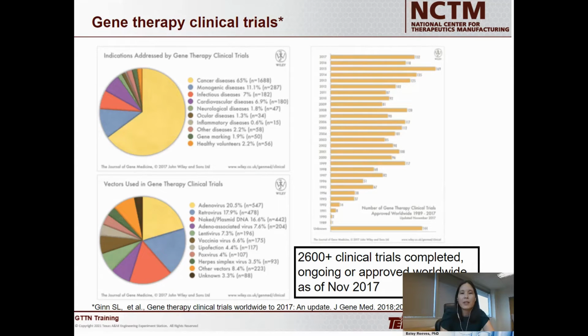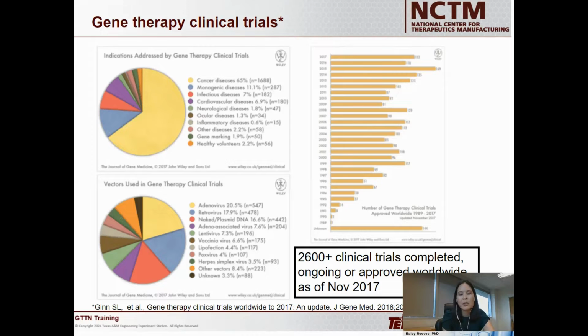Now, the pipeline for gene therapy products is very extensive. So these numbers are a few years old, but you can see that there are thousands of products that are in the pipeline for gene therapy worldwide. And that number just continues to grow as more and more companies and more investors become interested in this space.